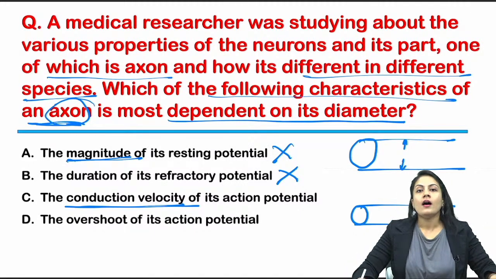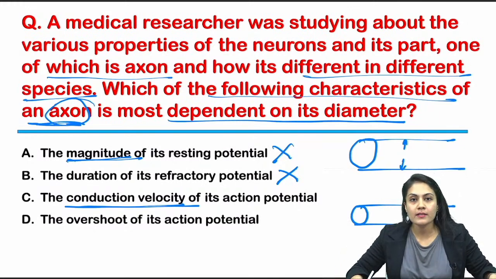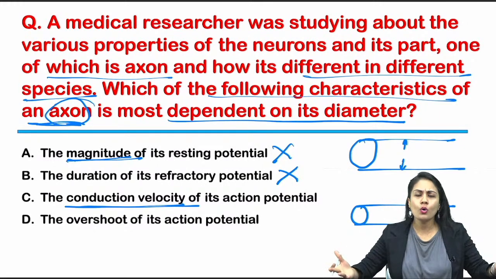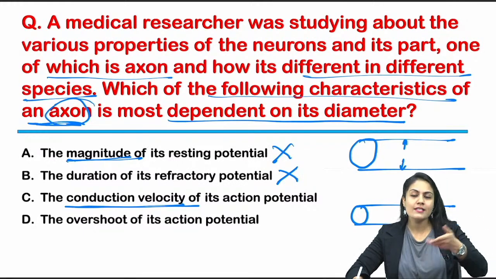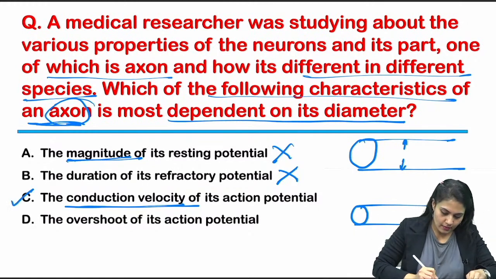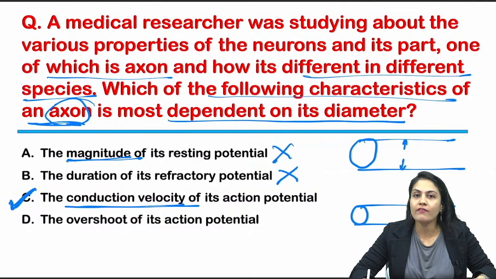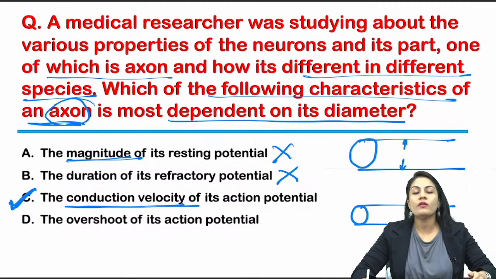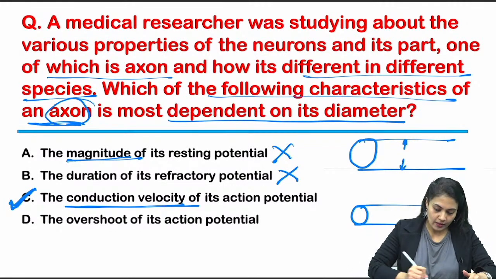And then if I open, let's say, 2 or 3 doors, and then I see how much time it takes. Definitely when there are more doors, that means more space is available, and at that time it will take less time, right? So same over here, if the nerve has a wider or larger diameter, definitely the transport is going to be very, very fast, and that's how we are going to get our answer.